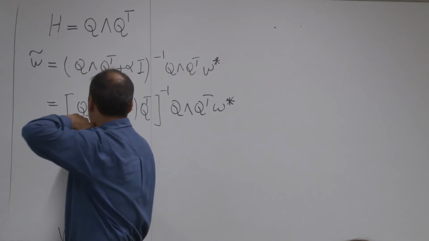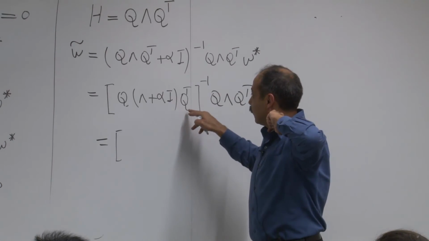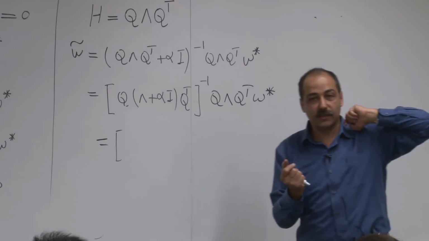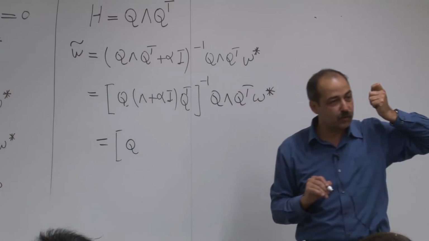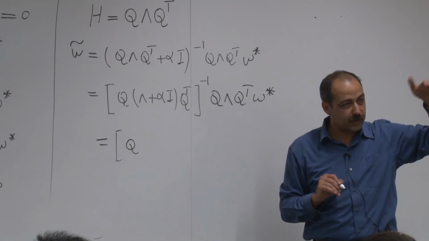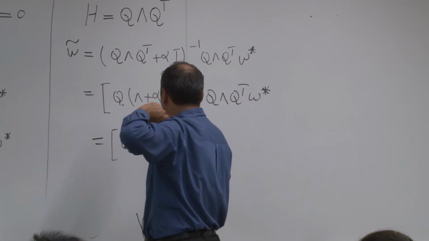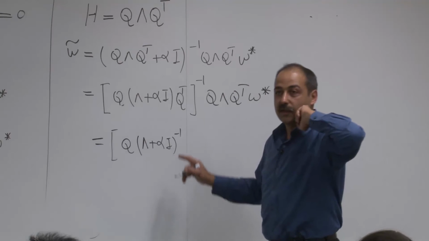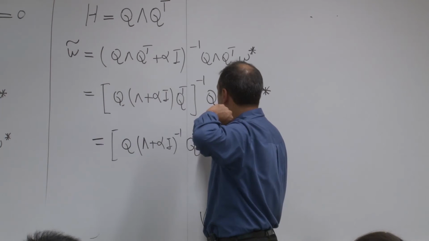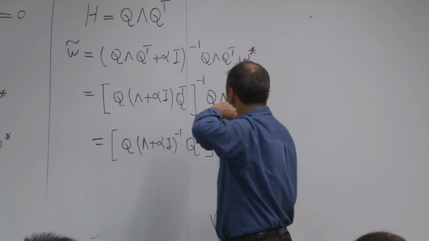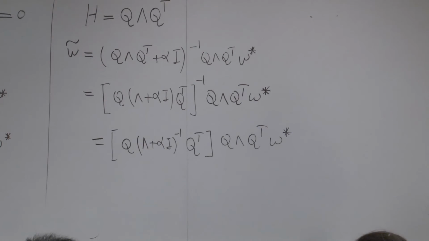So what is this going to be? The inverse of this matrix is going to be Q transpose inverse, which would be Q, right? Because Q is orthonormal, the transpose of an orthonormal matrix is the inverse of the matrix. So it's Q, lambda plus alpha I inverse, and then Q inverse, which is going to be Q transpose, times Q lambda Q transpose W star.